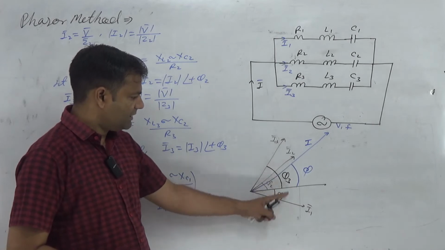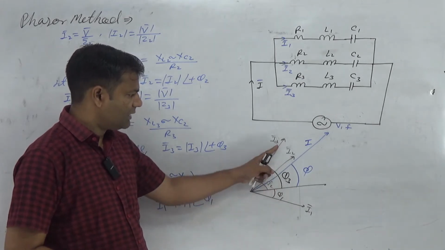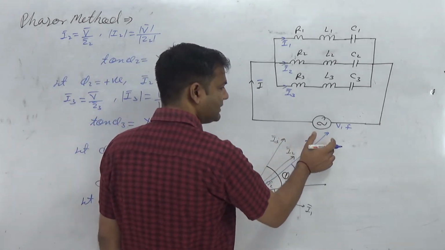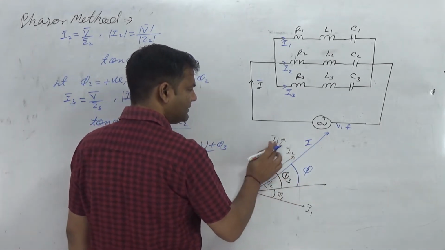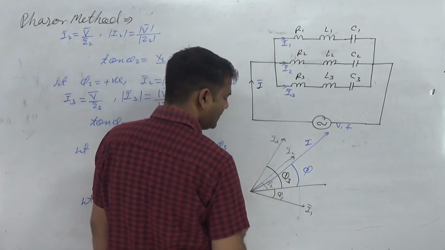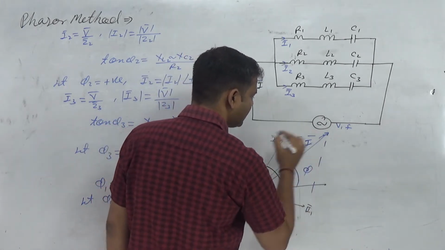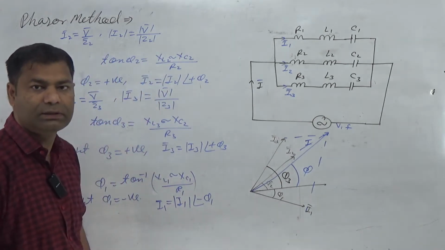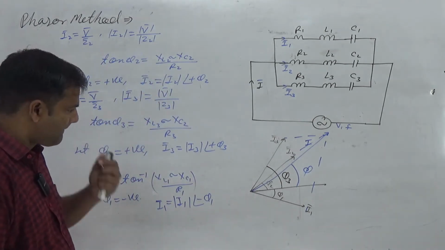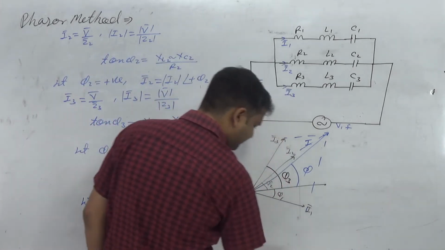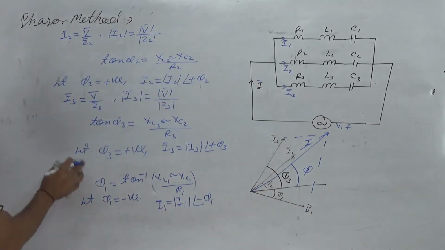The final resultant of I1, I2, I3 is I. Clear? Now, how can we resolve this?